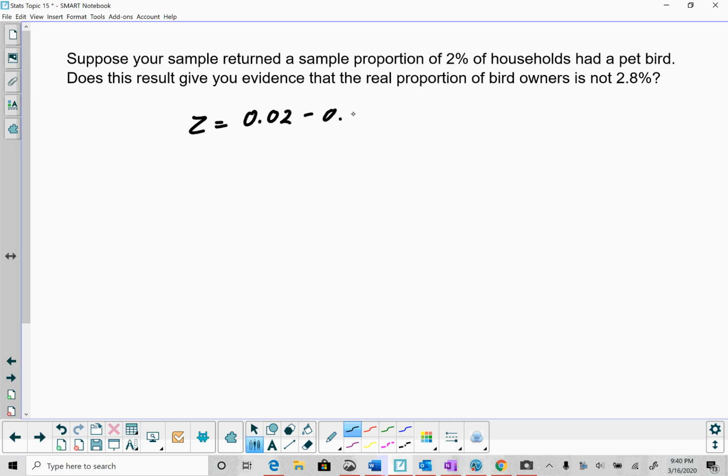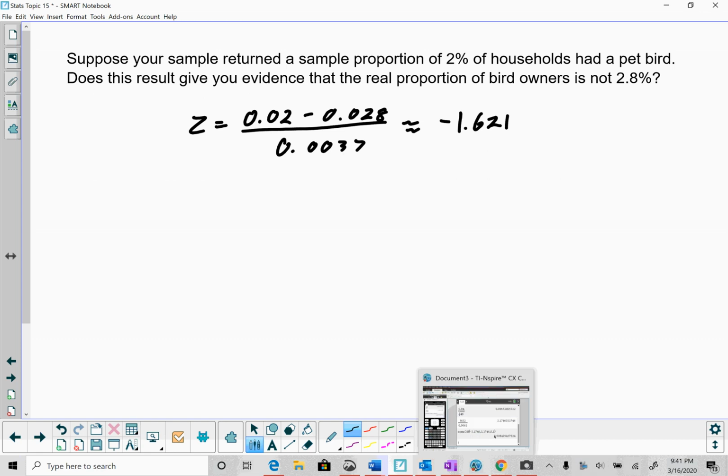We're going to subtract the reported 0.028, and we're going to divide by that standard deviation that we just calculated, 0.0037. So that should give us a z-score. Now again, this is below the value for pi, the population mean, so we're going to get a negative 1.621 as our z-score.